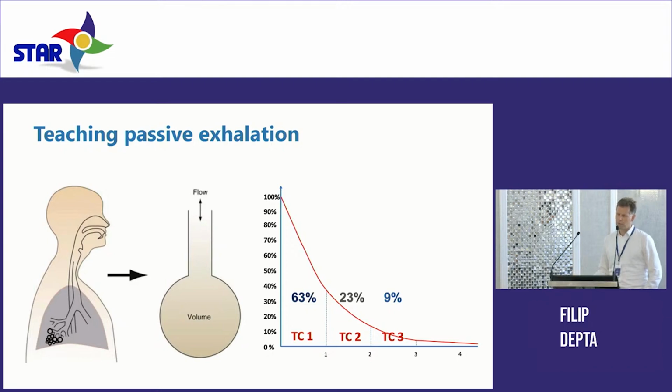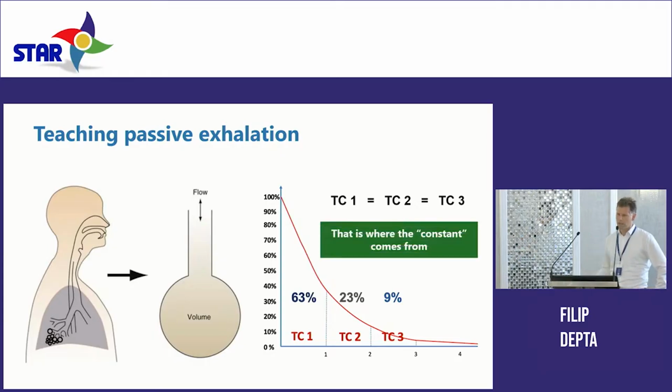When we try to measure the time constant by its definition, and definition says that each of the differently exhaled volumes, so 63%, then additional 23%, additional 9%, those time intervals should be equal. Well, that's where the term constant comes from. But the reality is different.